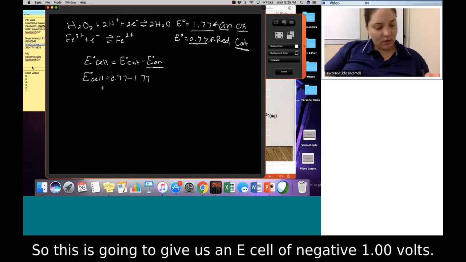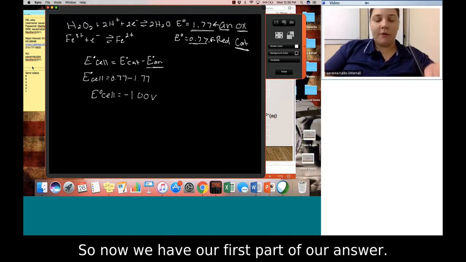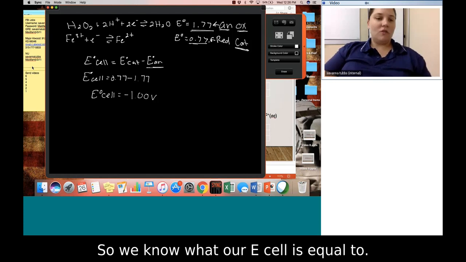So this is going to give us an E cell of negative 1.00 volts. So now we have our first part of our answer. So we know what our E cell is equal to.